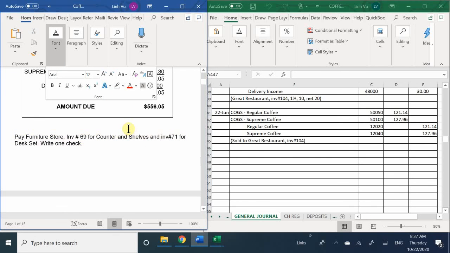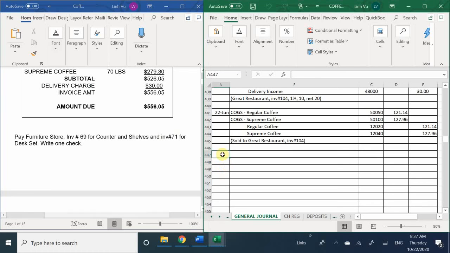So what happened? Pay Furniture Store, invoice 69 for counter and shelves, invoice 71 for desk set, write check.